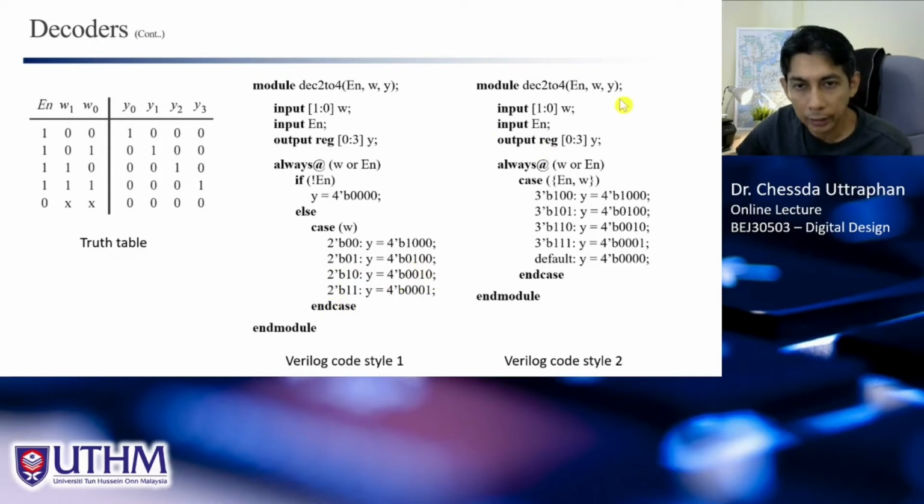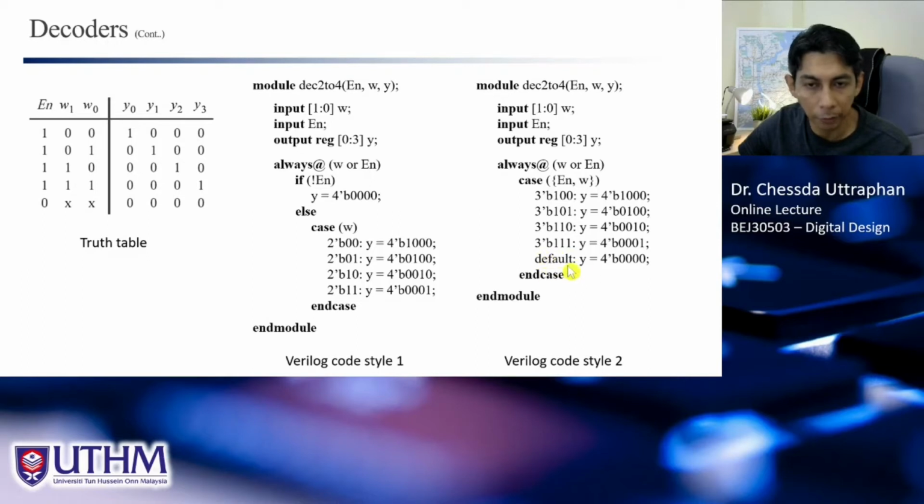Or we can write something like this using concatenation, where we combine EN and W together. We have 1 0 0, the output will be 1 0 0 0. If 1 0 1, EN and W, we have Y equal to this. And other than this, you can use the default keyword.